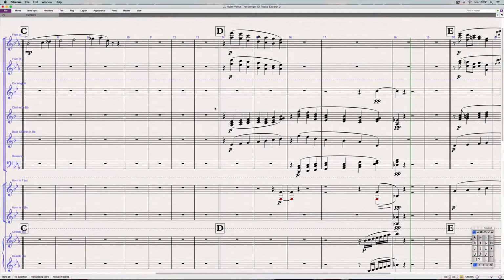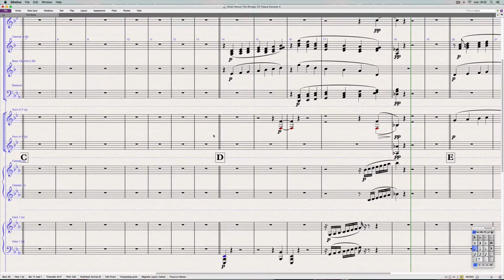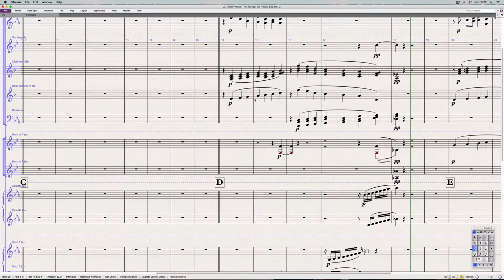So instead of being in Dorian mode, we're in the parent key, the E flat major, because what you hear in the beginning is this thing here. So root, 5th, root, in E flat.